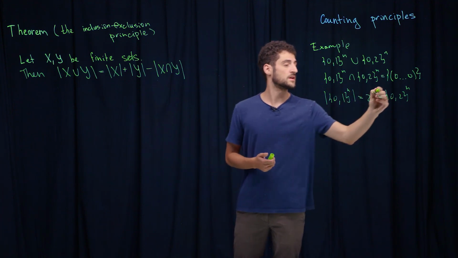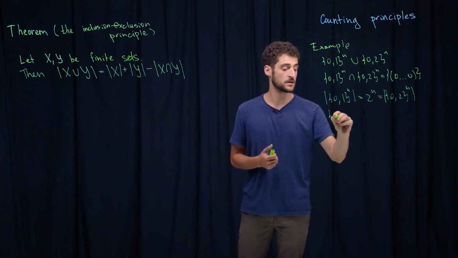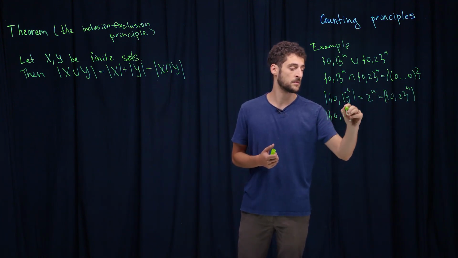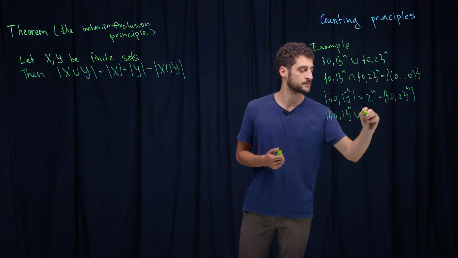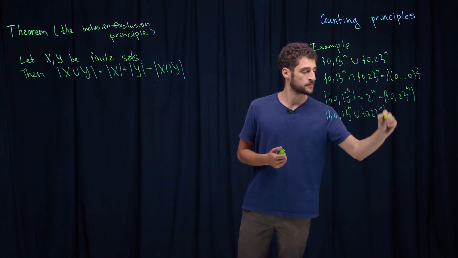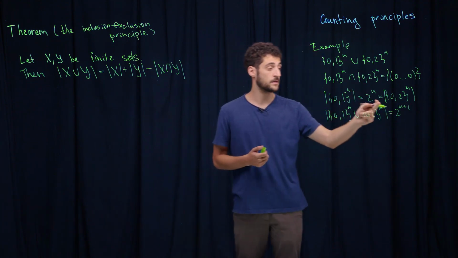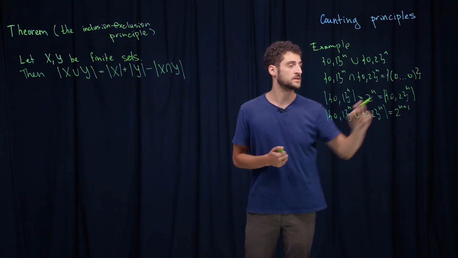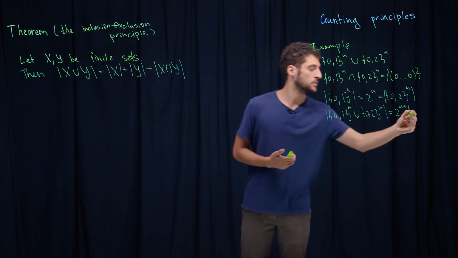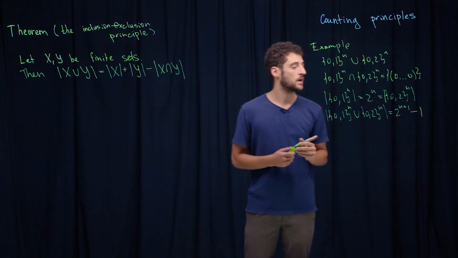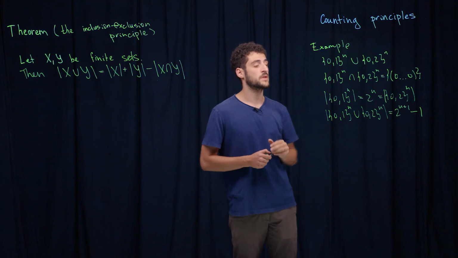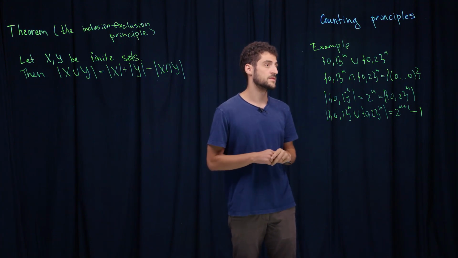So the size of their union is equal to the sum of their sizes, so 2 to the n+1, because it's twice 2 to the n. And you need to subtract the size of the intersection, which is equal to 1. And so we now know the size of their union.